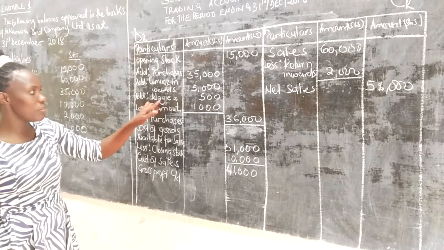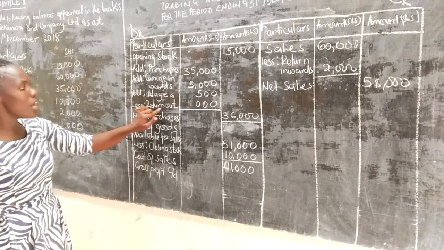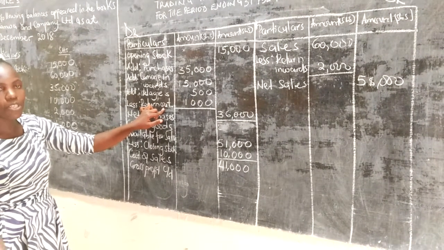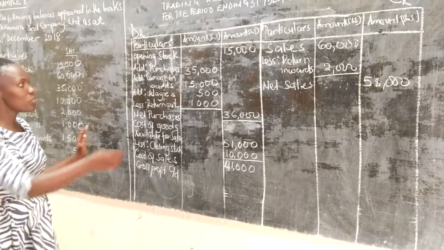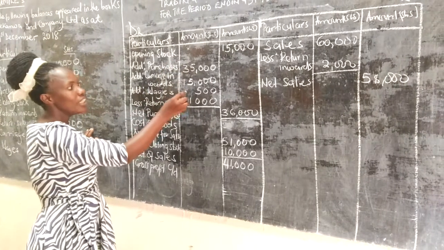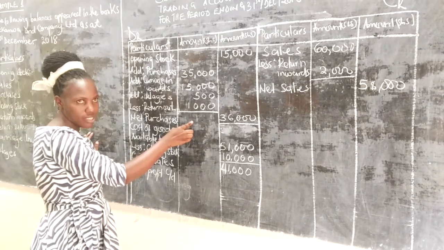That is wages, you pay him. So we add it also onto purchases. However, remember we have returns outwards. When you had bought, then afterwards you returned the goods. Those ones we less them. So that's why we first put this information in the first column to get the net purchases.